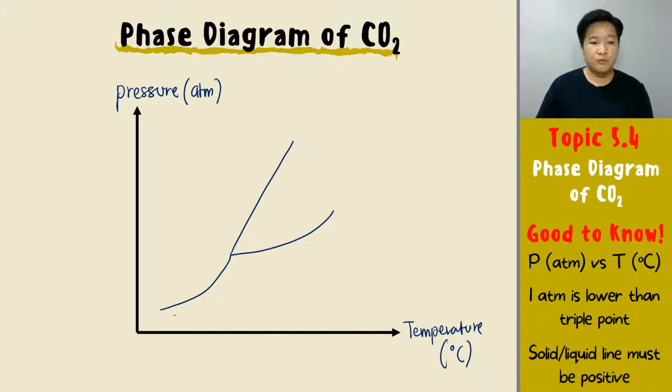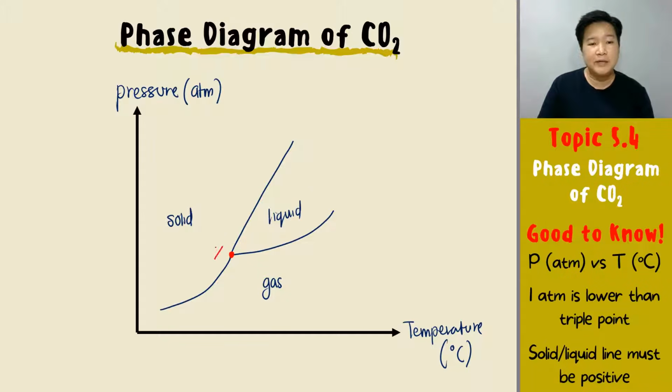Okay? So, label the phases. That is my solid. That is my liquid. That is my gas. See that? Alright? That is the way that we draw the phase diagram of carbon dioxide. And of course, label the points. You can label them with any alphabet that you like.